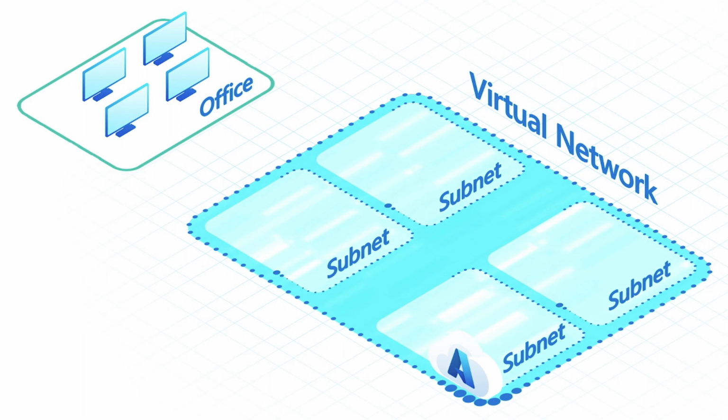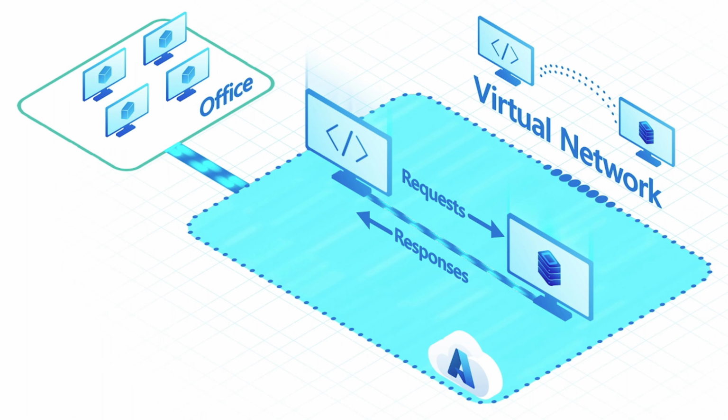You can also attach resources like virtual machines, load balancers, and storage accounts to the virtual network, allowing you to build a secure, reliable, and scalable virtual network environment for your unique needs. Azure Virtual Networks securely connect cloud resources, VMs, web apps, databases, and on-premises networks to help you achieve your goals.